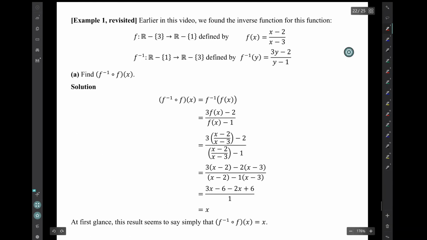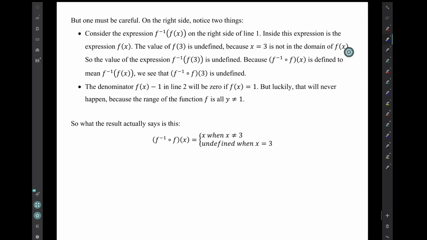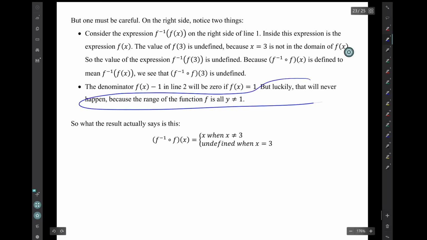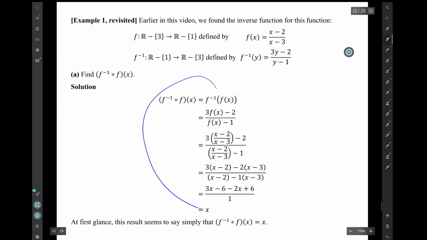Also notice on this line, there's an f of x minus 1 in the denominator. So all of this stuff is suspicious, because what if f of x was equal to 1? Then we'd have division by 0. But remember that that will never happen, because the range of f is all y not equal to 1. So our only problem in this computation is that it doesn't work when x is 3.